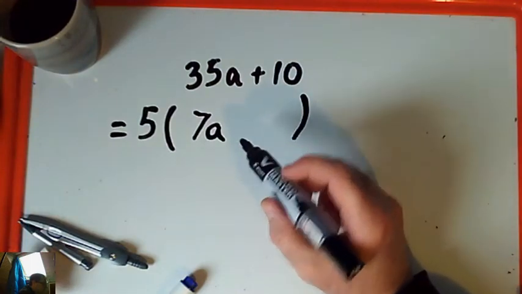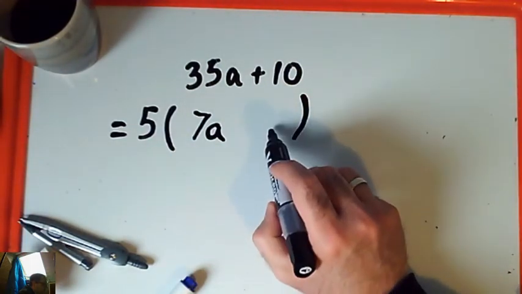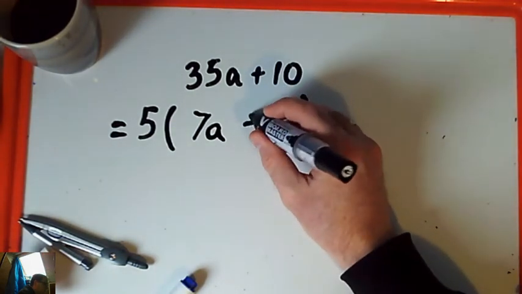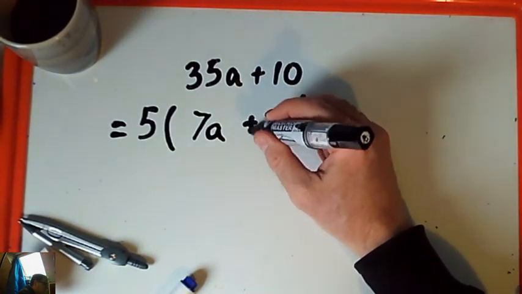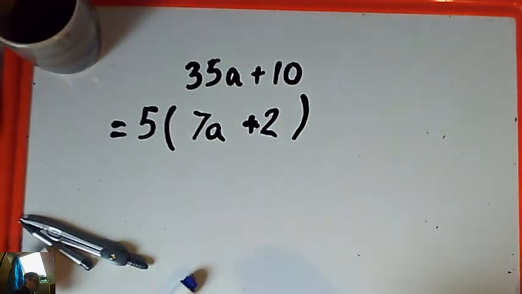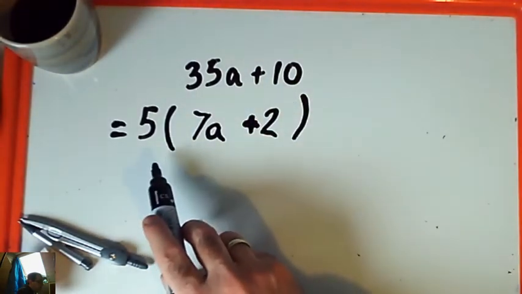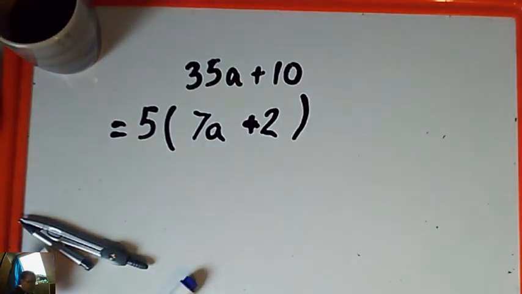Then I want to ask the question, 5 times what inside the brackets will give me the 10? So the answer is 2. 5 times 2 will give me the 10, and the factorisation is that 35a plus 10 is equal to 5 brackets 7a plus 2. So I'll just type that in on my iMaths as I talk, 7a plus 2, and then we move on to the next one.